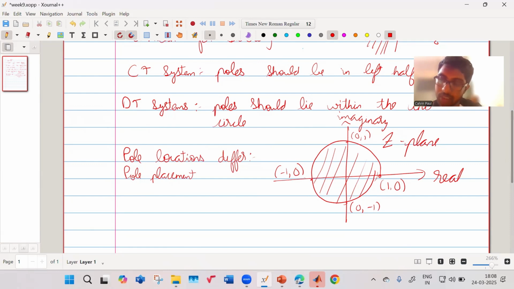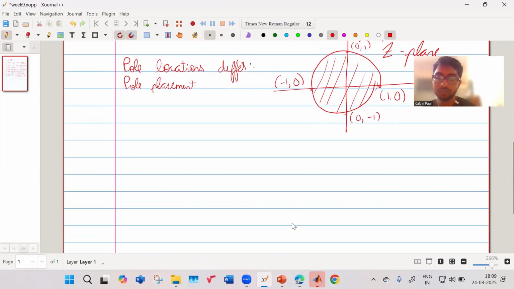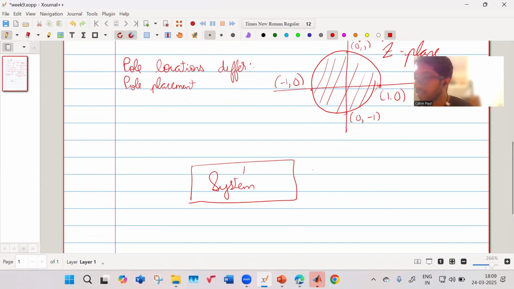Now you will go to Sir's lecture notes and we will try to understand what is the multi-rate output controller, what is fast output sampling, what is periodic output feedback control. We have a system. We will consider the linear time invariant system.